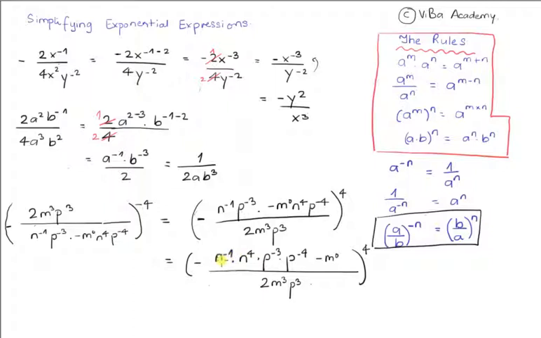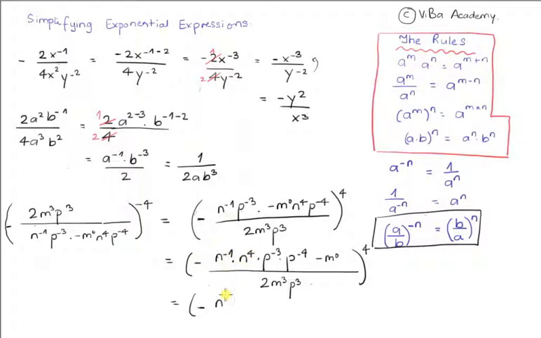Now, here I'm multiplying the same base. The negative is already there, stays. N raised to minus 1 plus 4, because I'm multiplying the same base, I can simply add the exponents.